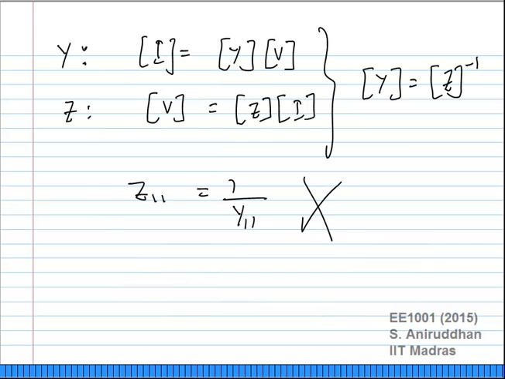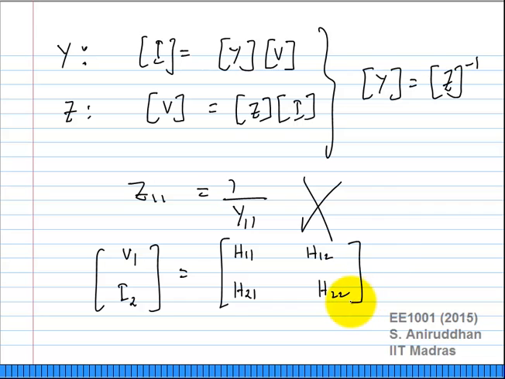Okay, you also have what are called the, I'll just write this down in this way, V1 and I2 as functions of V2 and I1. What are the units of H?